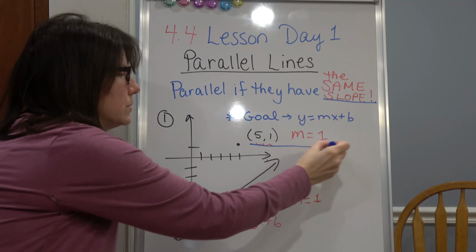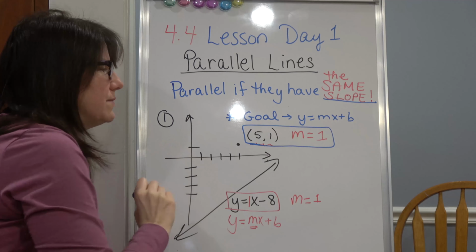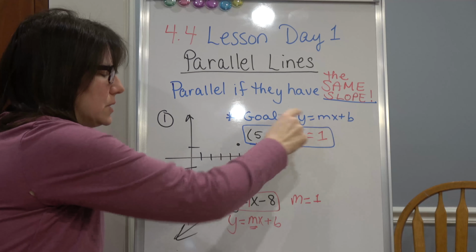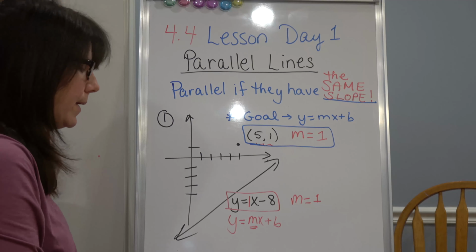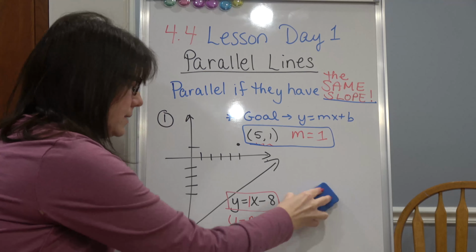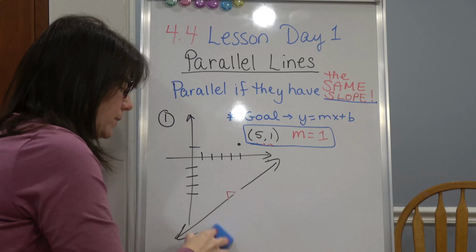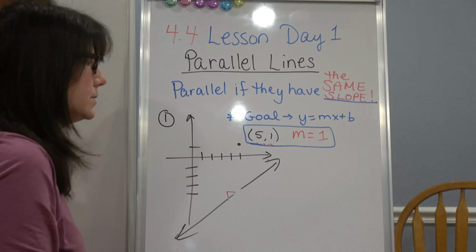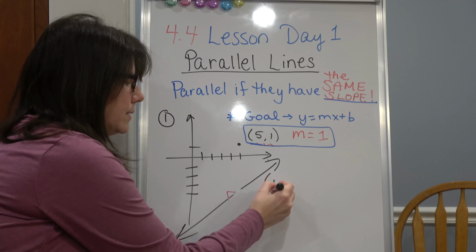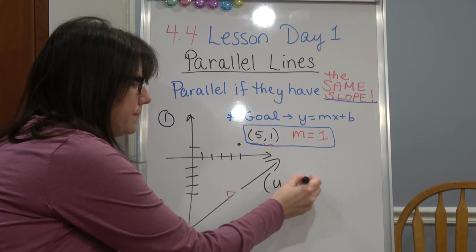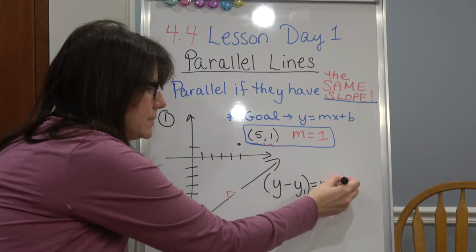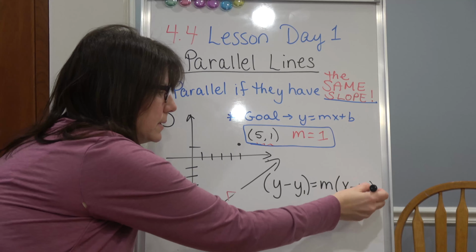So we're going to use this information and we want to get an equation in this form. But we need to start with point slope form. Remember, we always start with point slope form. So we've got y minus y1 equals m times x minus x1.